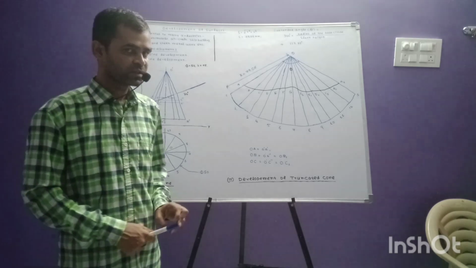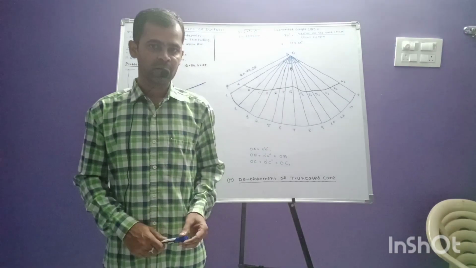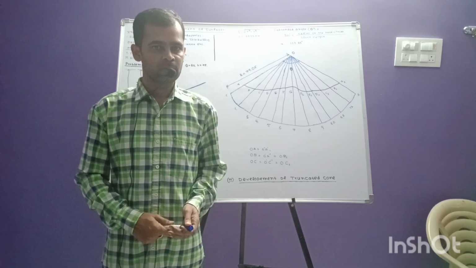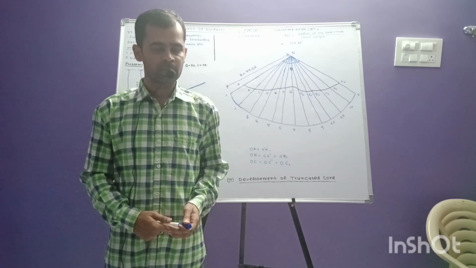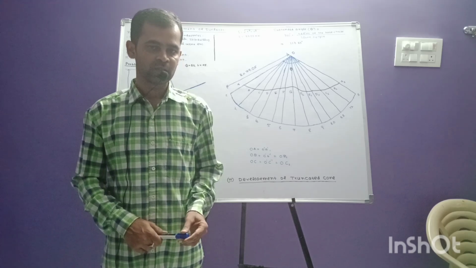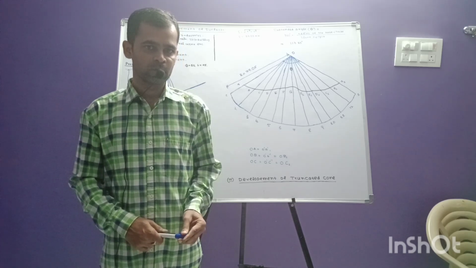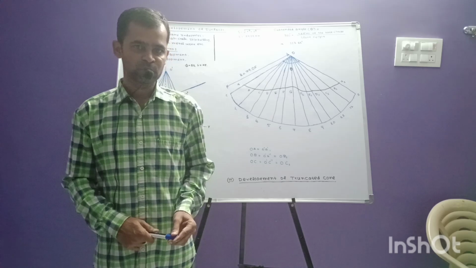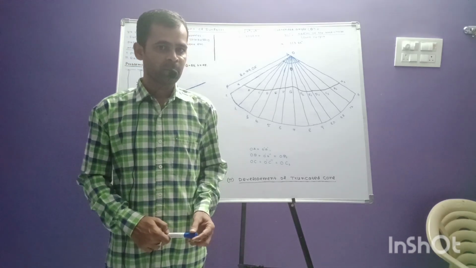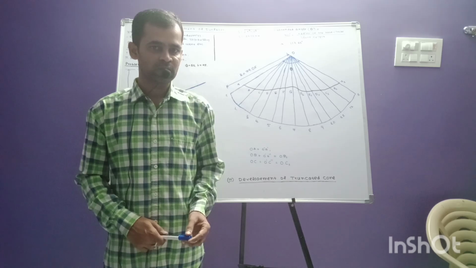So methods of development, we have parallel line development and radial line development. In parallel line development, solids like prisms, cylinders are solved. In radial line development, solids like pyramid, cone are solved.